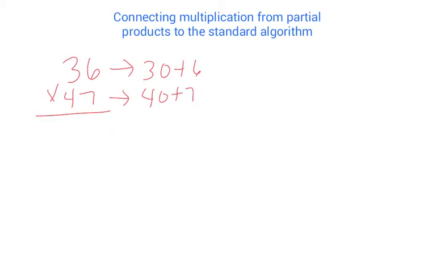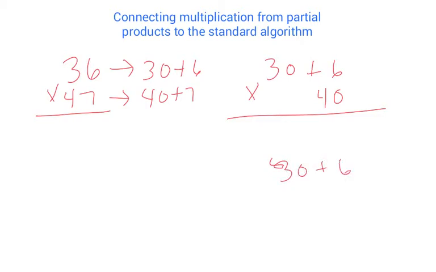Looking at the place value, we can multiply this by doing 30 plus 6 times 40, as well as 30 plus 6 times 7. We don't have to multiply them at the same time.